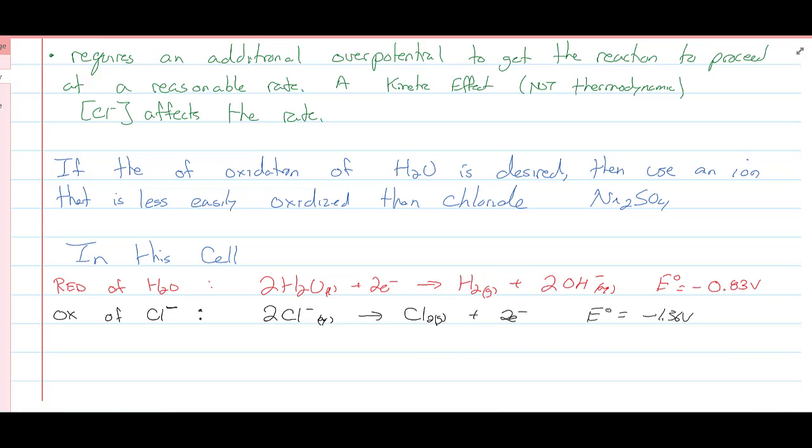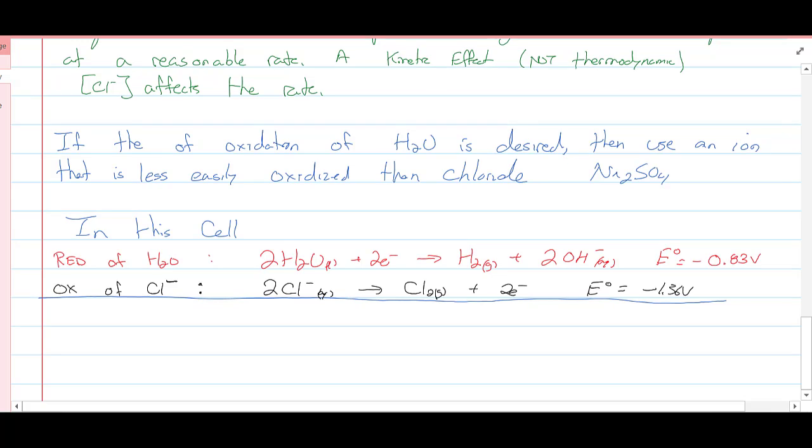So the overall reaction would be 2 waters plus 2 chlorides going to chlorine gas plus H2 gas plus 2 hydroxides with a cell potential of negative 2.19 volts.